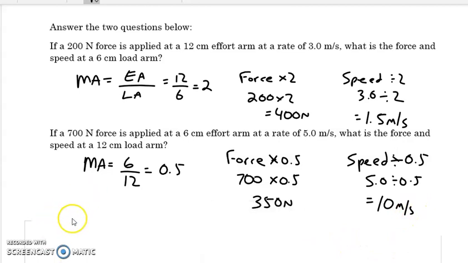Now, this really is using the same class 1 lever, both sides. We've got a lever here with the fulcrum, where this side is 6 centimeters and this side is 12.